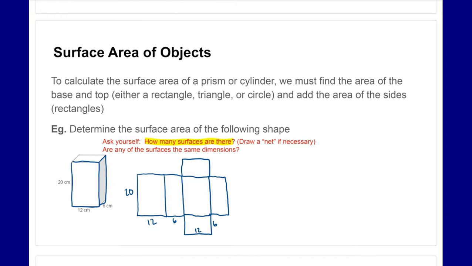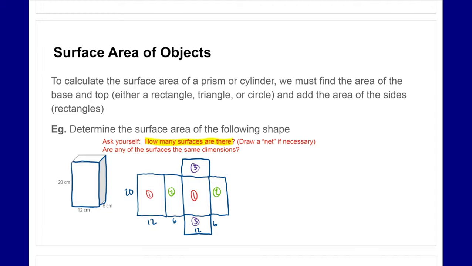Let's see if there are any surfaces that are the same. Even though my drawing is not 100% accurate, I can see that this surface is the same as this one. These two are the same, and these two are the same. So I have 2 of every surface.